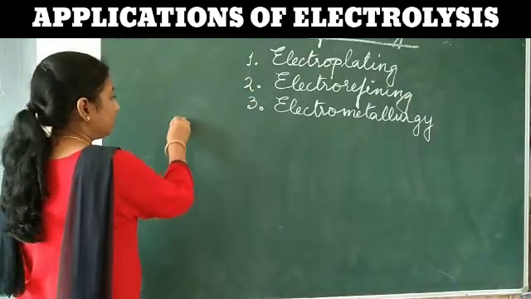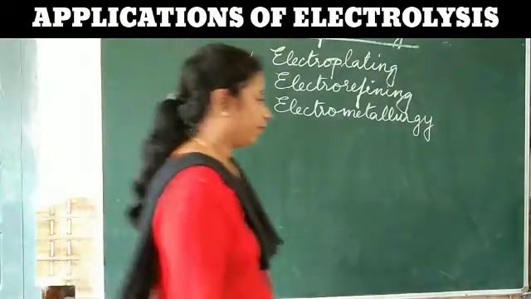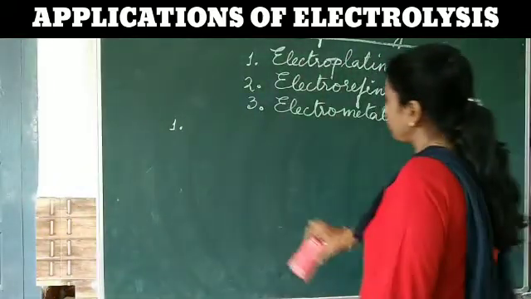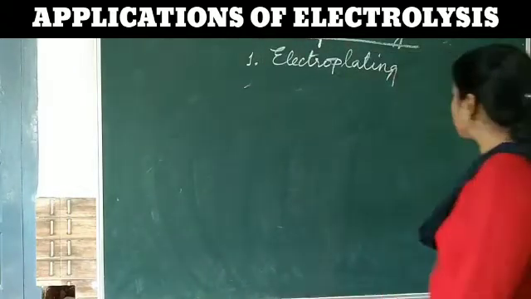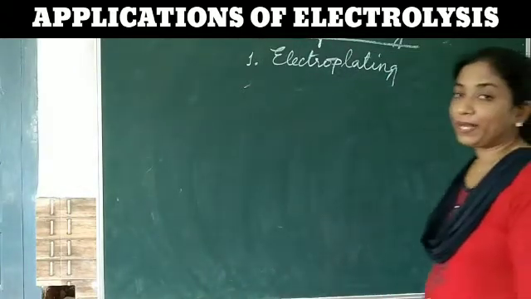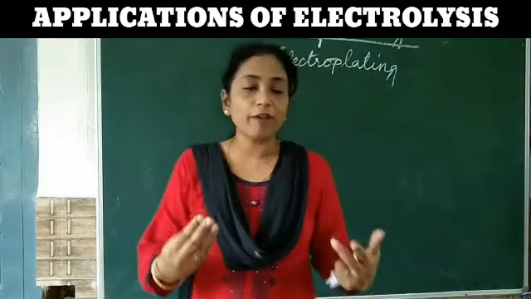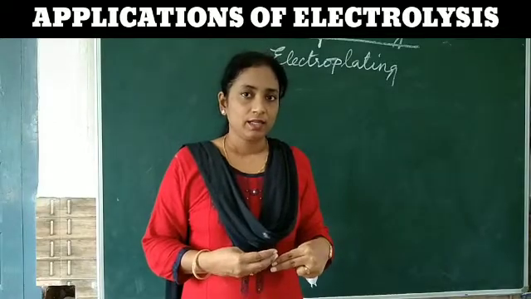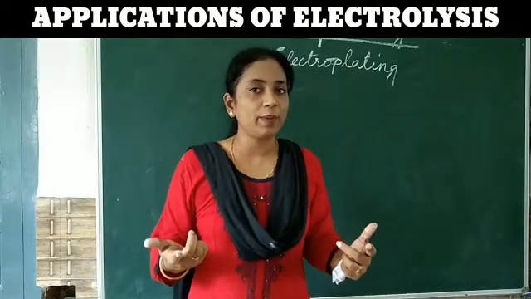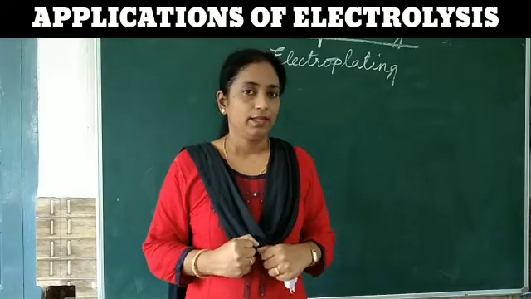Okay? In electroplating, now what do you mean by electroplating? Let us see what is the meaning of electroplating. Electroplating means coating of one metal over another to enhance the properties of that metal.